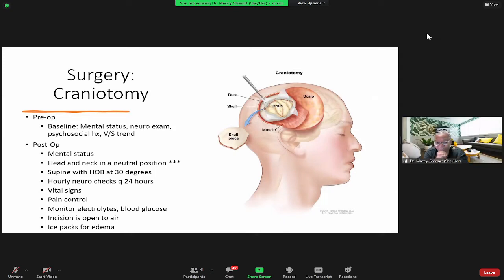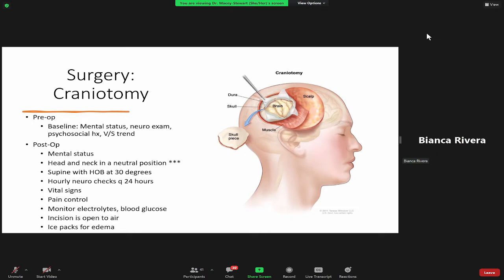Anybody have any questions? We good? So now I have a question for you. If this person is constipated, what are your concerns? Straining, because it'll increase intracranial pressure. Correct.